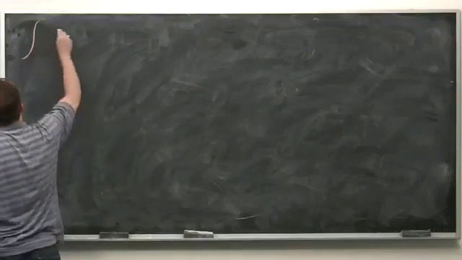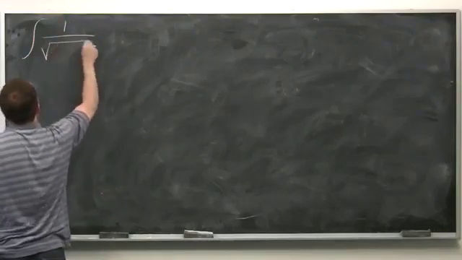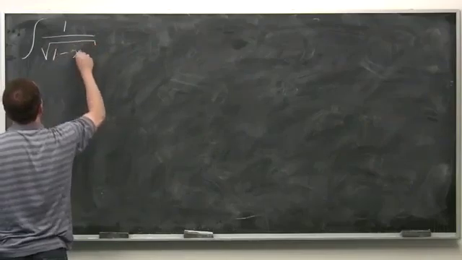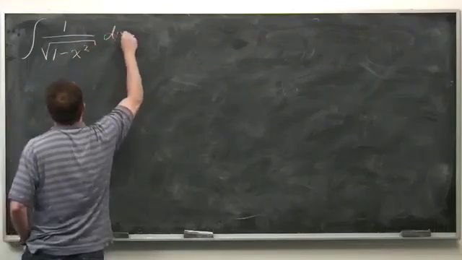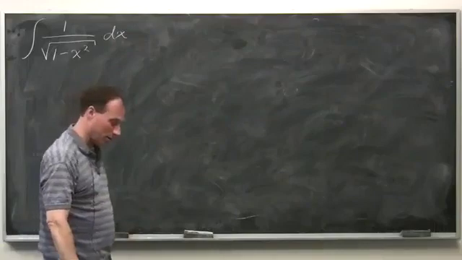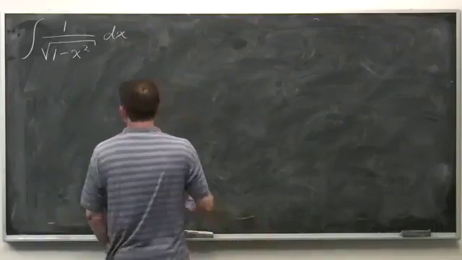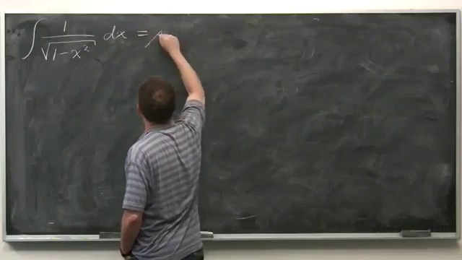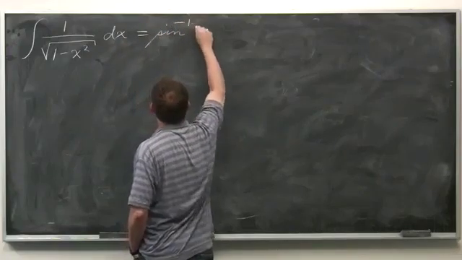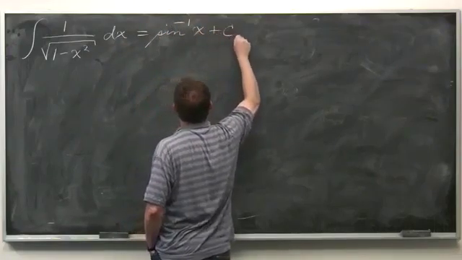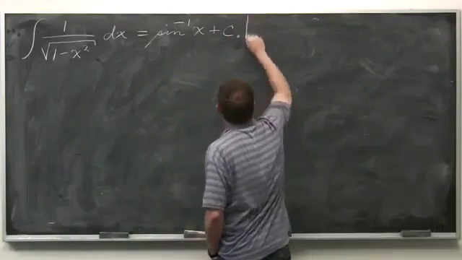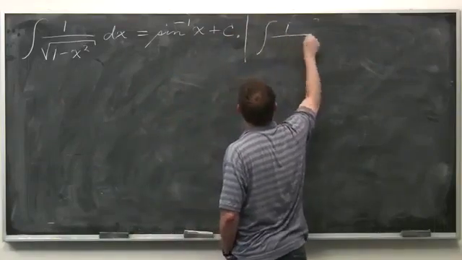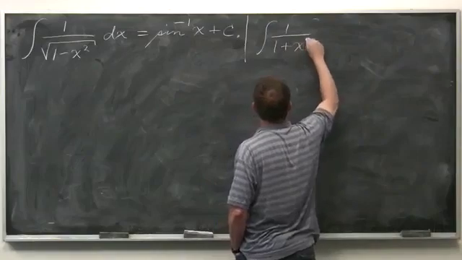But let's look at what is an antiderivative, or the general antiderivative of 1 over 1 minus x squared with respect to x. We need to think of something whose derivative is this. Well, we know something whose derivative is that. It's inverse sine plus a constant. And then what's an antiderivative of 1 over 1 plus x squared dx?